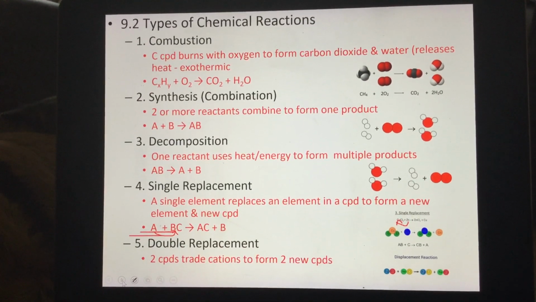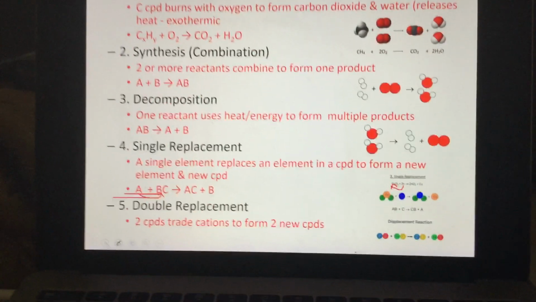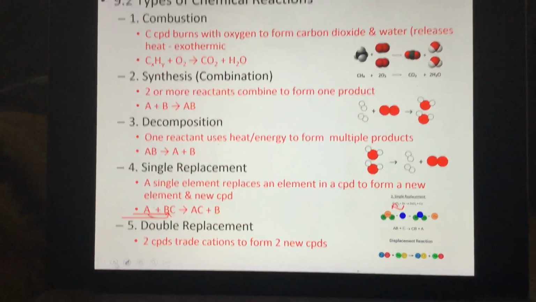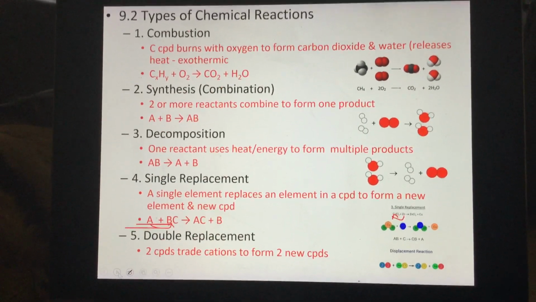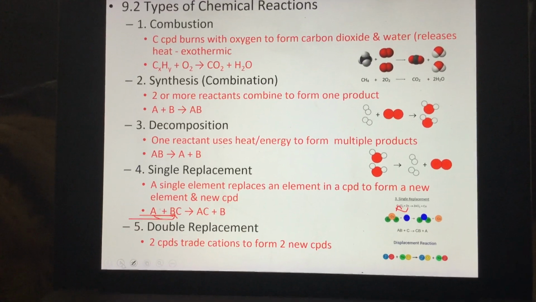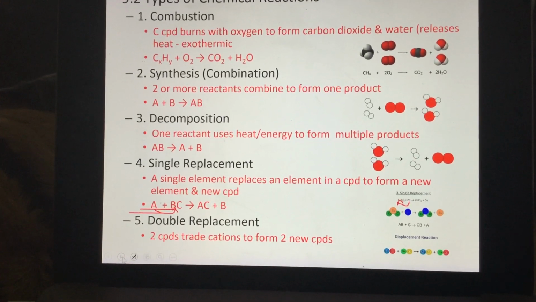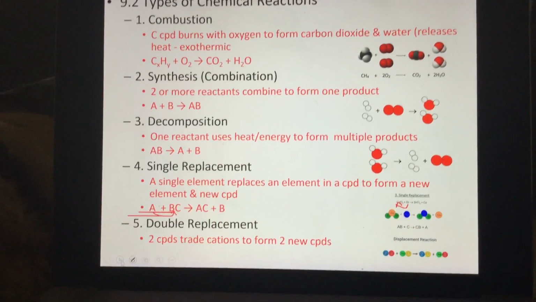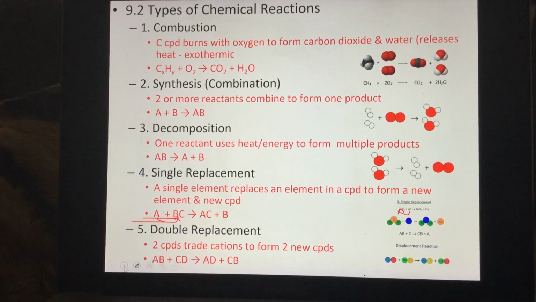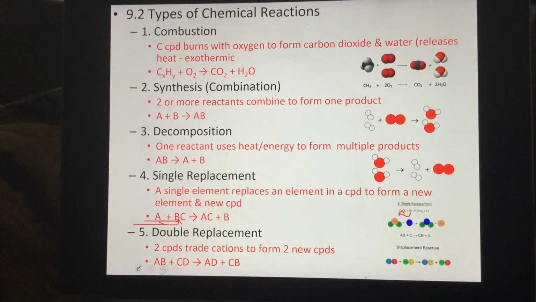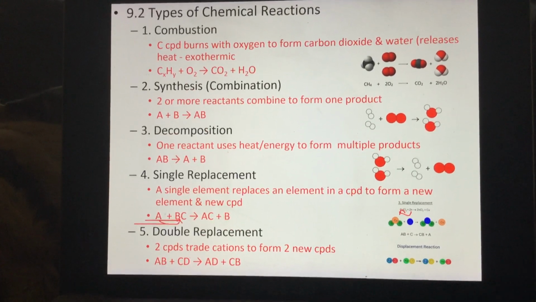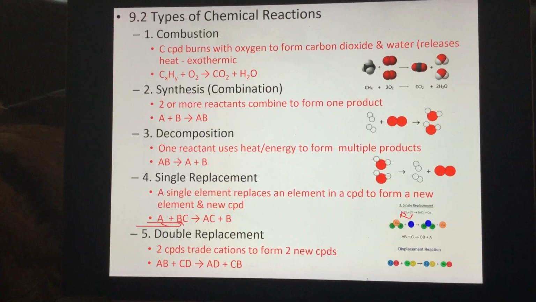And then finally, double replacement, also known as double displacement, is another name for it. That's where we have two compounds as reactants, and they simply trade their cations, their positive ions, to form two new compounds. And you've got to remember to crisscross all of your charges where necessary. So here we have, as an example, compound AB, and it's going to react with compound CD.